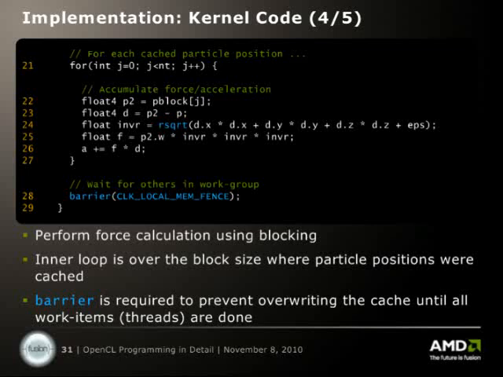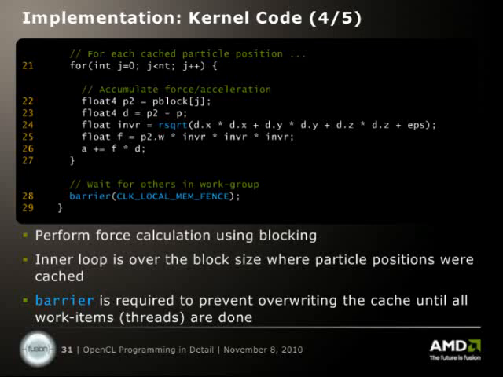In line 24, we go and actually access the specific components of these differences. Before, where we had dx, dy, dz, now we have to access the components of our 4-vector. That's what the notation .x, .y, and .z is, which simply accesses the elements of our float4 data type.